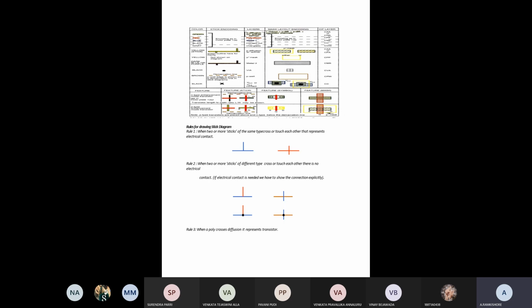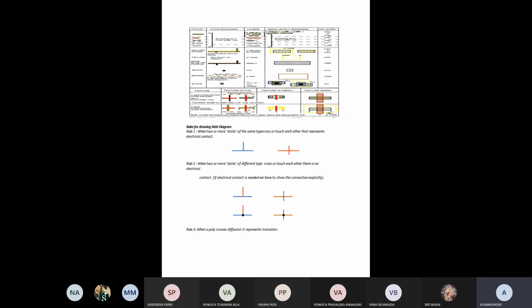Whenever different materials cross, such as N diffusion and polysilicon, P diffusion and polysilicon, metal and N diffusion, or metal and P diffusion, it will not establish a proper electrical connection. That means it will not provide a proper contact between one material and another, or one layer and another layer.